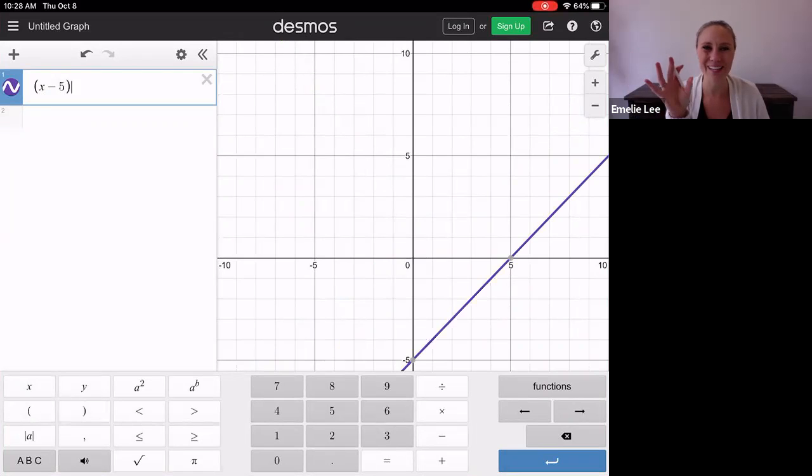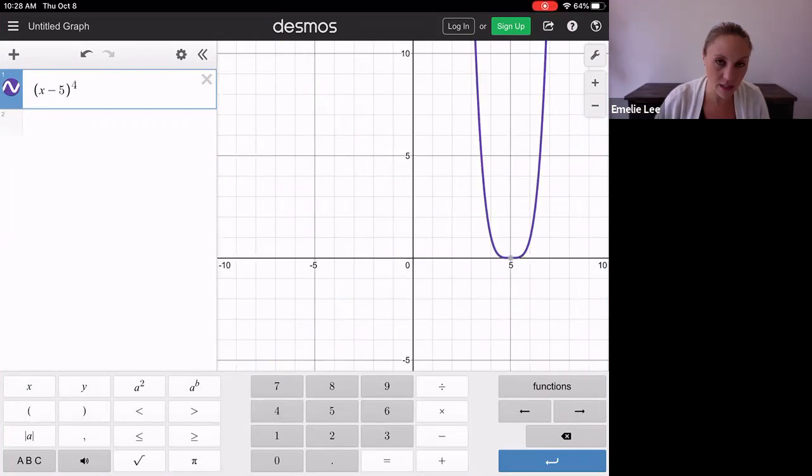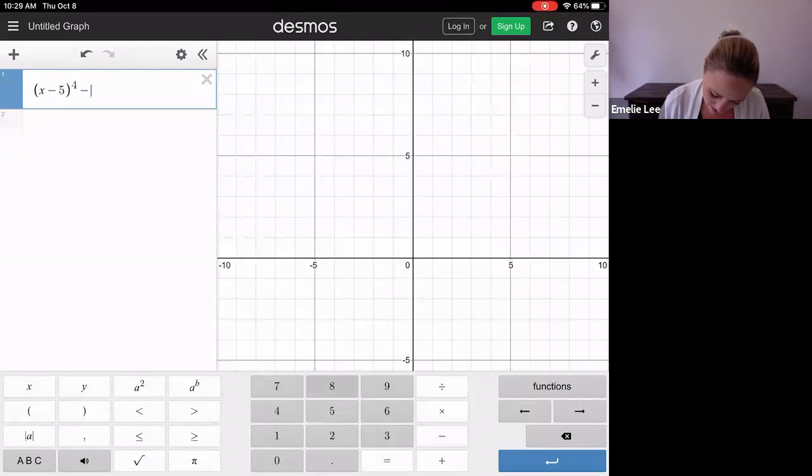It looks a lot like a squared, but it's in the left-hand quadrant there. You hit the a to the power of b to bring that cursor upstairs to the power of 4, and then you need to step it down again, otherwise everything's in the power. So you just click it, and then minus 80.